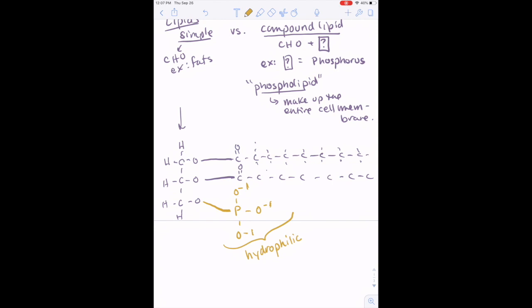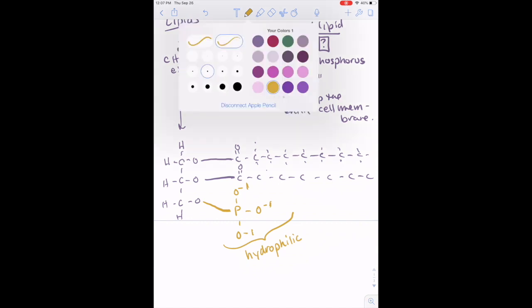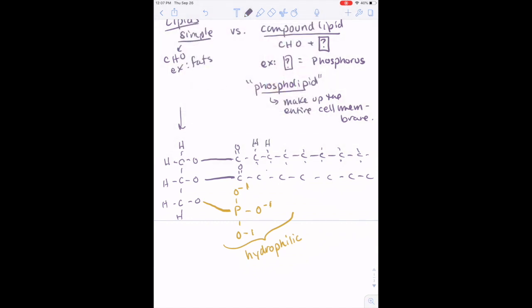Anyhow, this phosphate group is going to be very hydrophilic. All right. But then think about all of these long carbon chains here. Down over here, all these are just a bunch of hydrogens on them.